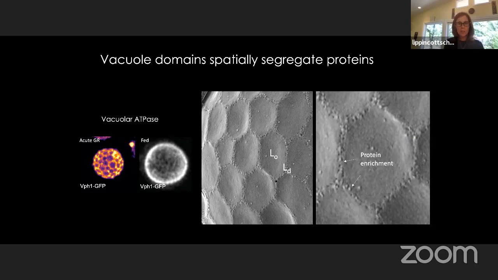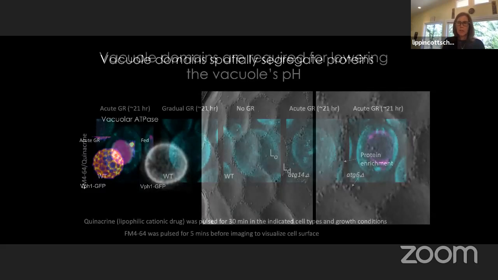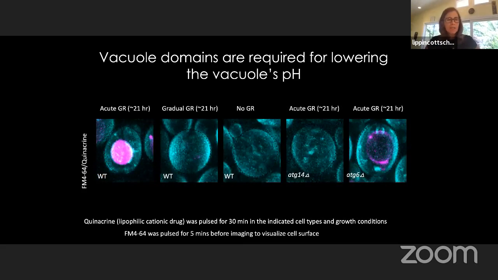And we were interested in that, in particular, the vacuole ATPase. Does it change in any way if we drive phase separated domains? Evidence suggesting that is shown here, where we're looking at the ability of that vacuole ATPase to pump protons into the vacuole to make it more acidic.